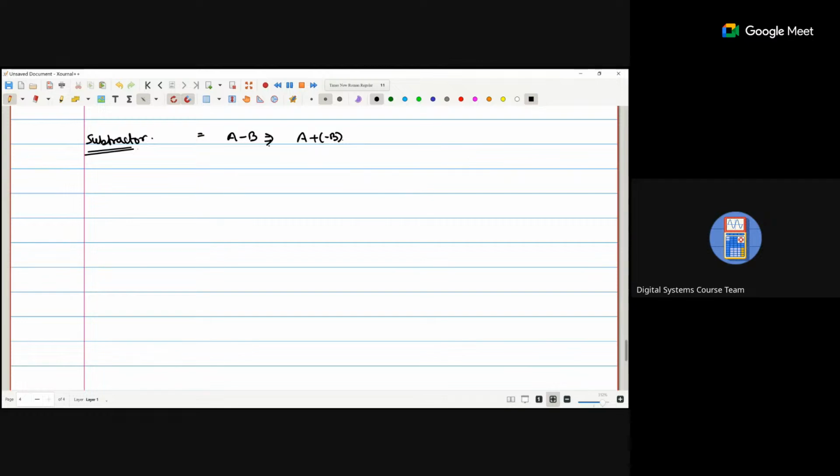and that is nothing but equal to A plus 2's complement of B. Or I can write it as A plus B bar, the 1's complement, plus 1, that is a 2's complement.